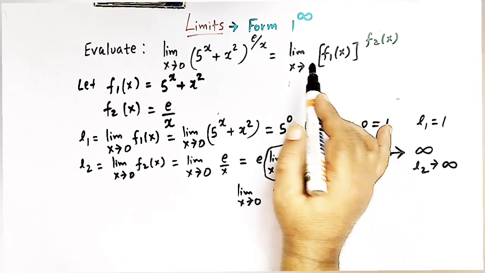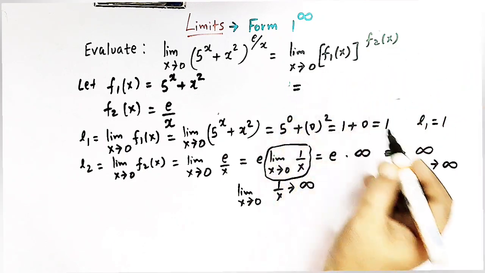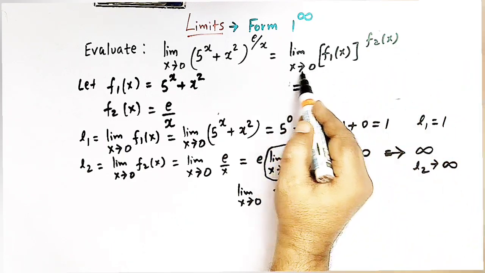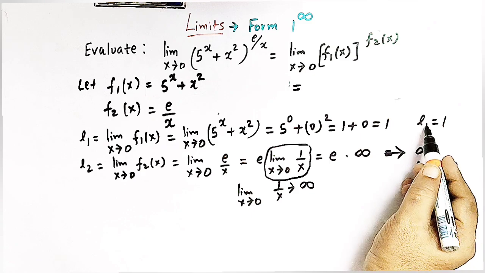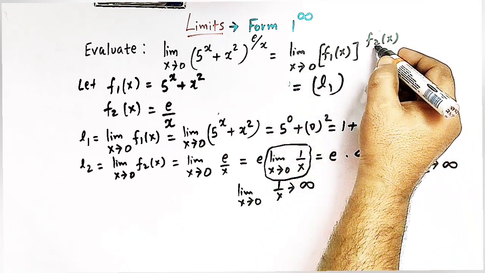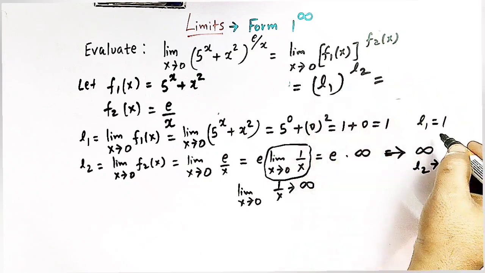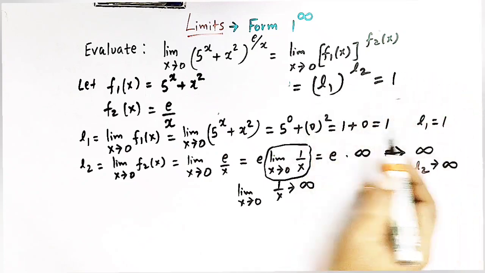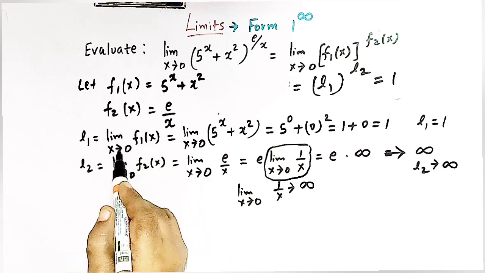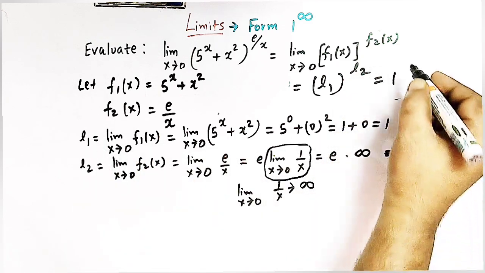So now we see that the value of this limit, limit x tends to 0 f1(x), is L1, and limit x tends to 0 f2(x) is L2. L1 is equal to 1 because we have just calculated this limit equal to 1, and L2 tends to infinity.